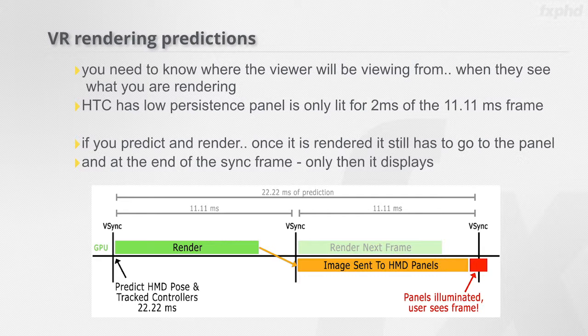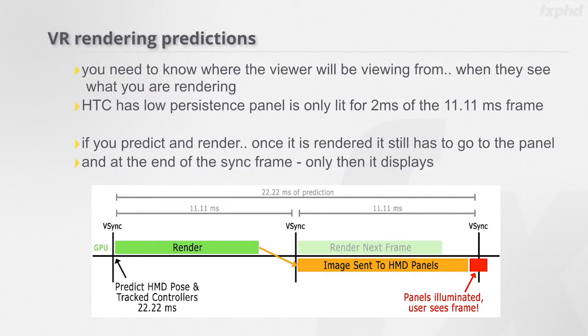And so in fact, you actually have this kind of frame delay. So what happens is you say, I want to render this. It takes time to render it, and then it shows me at the end of the VSync. In other words, it doesn't flash it up at the beginning. By the logic of this, it flashes it up at the end. And so you've got basically 2 frames from when it says go render to when I see the picture.